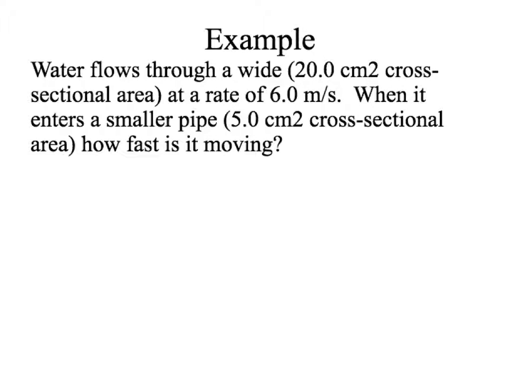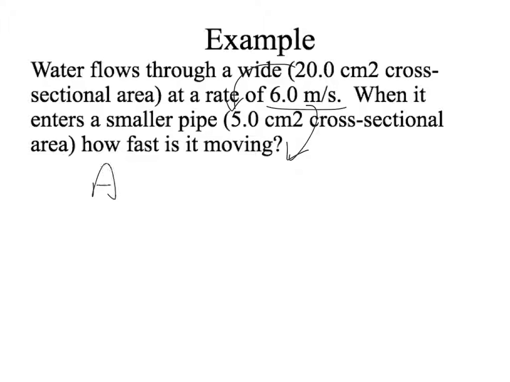So if we were to look at this example here, water flowing through a 20 centimeter squared cross-sectional area at a rate of 6 meters per second, entering a smaller pipe at 5 centimeters squared, how fast would it be moving? Well, we're going down by a fourth in area, and that's going to basically mean that the velocity goes up by a factor of four.